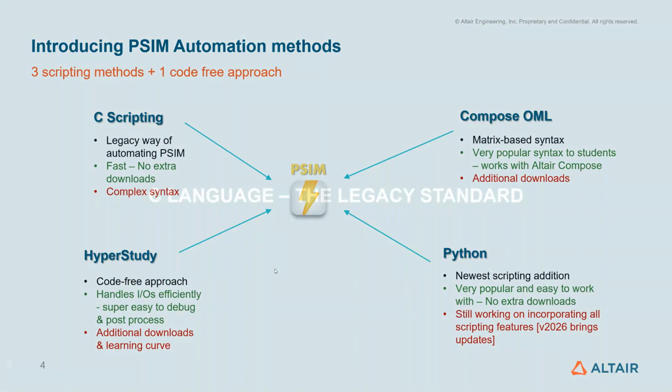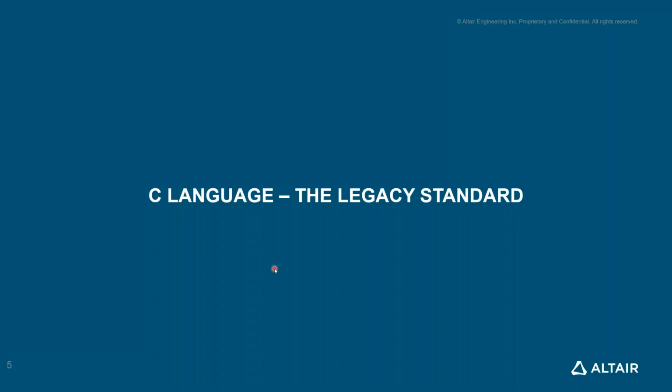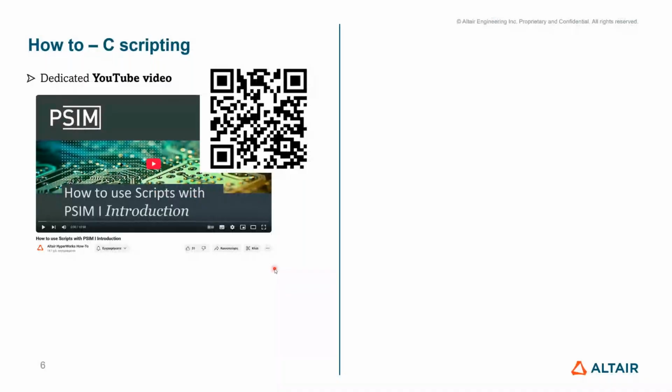Now, I will move on with the first method of scripting, which is the C language, which is the legacy way of automating PSIM. For every section, the first thing I will do is provide some tutorial material or learning material, because as I said, this webinar will not be a step-by-step guide on how to automate PSIM.